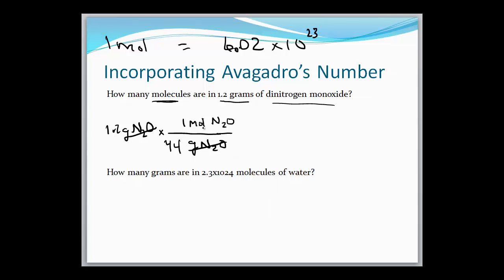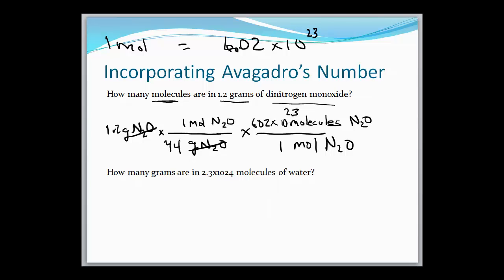Now the unit that we have is moles of dinitrogen monoxide, but we want molecules. So what we can do is another conversion. We want to get rid of moles, so moles go in the denominator. We're trying to convert to molecules. And again, this is dinitrogen monoxide. 1 mole contains 6.02 times 10 to the 23rd molecules.